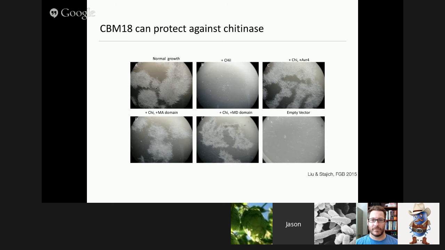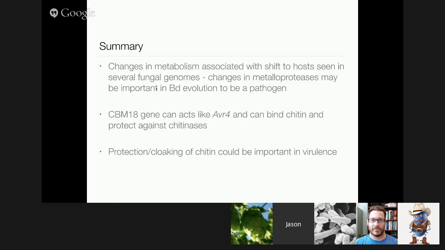If you incubate the Trichoderma with AVR4, as you see in C, and then add the chitinase, you get protection, and you still see growth of the Trichoderma. We see the same thing for our MA and MD domains. And of course, with an empty vector, you still see degradation of the host. So this is nice evidence to suggest that this protein can also provide this protective effect against chitinases.